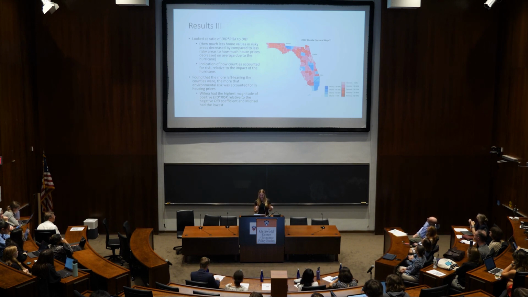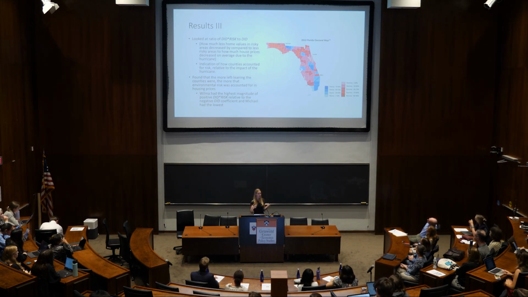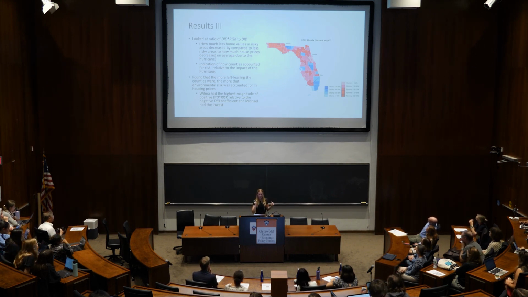And a slight tangent, but something I found interesting: I was curious what caused this difference between the hurricanes. Why did some zip codes and counties seem to account for the environmental risk more, while some less? As you can see here, I plotted the 3 hurricanes over the Florida electoral map. We can see that Wilma crossed some more left-leaning counties, and Michael, all the way up the panhandle, crossed the more right-leaning counties.